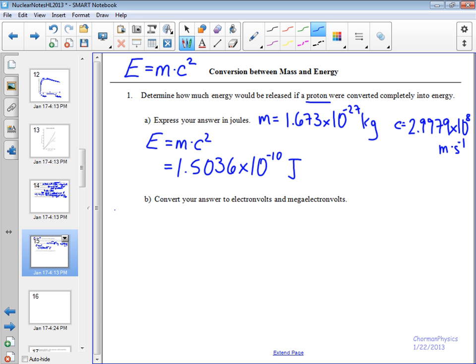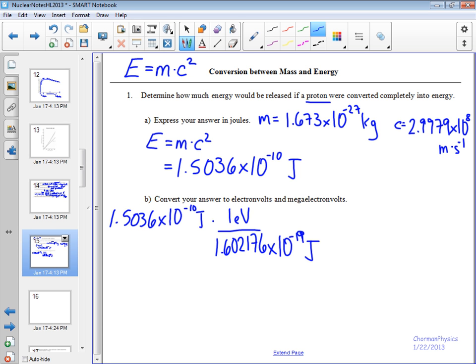And then when we convert this, the more precise value for the electron volt is 1.602176 times 10 to the negative 19 joules.